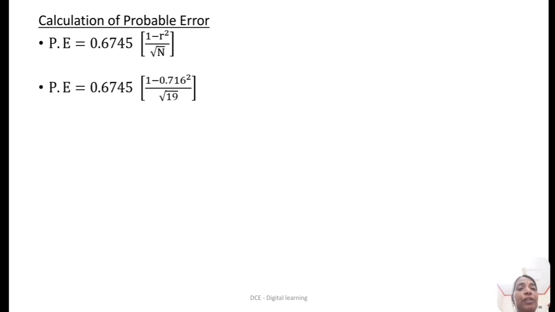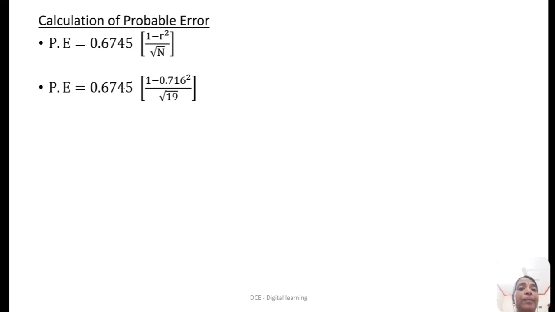What is important is that we calculate the probable error. Since I have discussed in detail how to calculate the correlation in the previous session, you can watch the previous session for more details. Now probable error is PE equal to 0.6745 into (1 minus R square) divided by root of n.